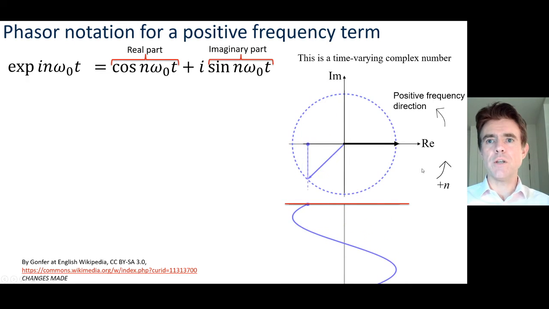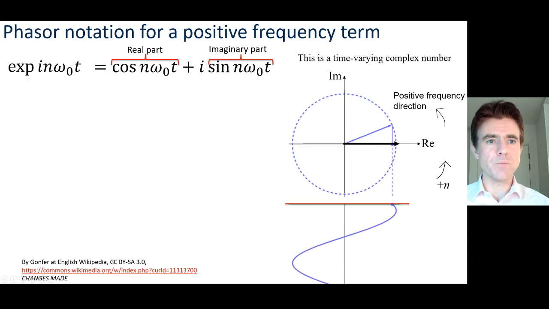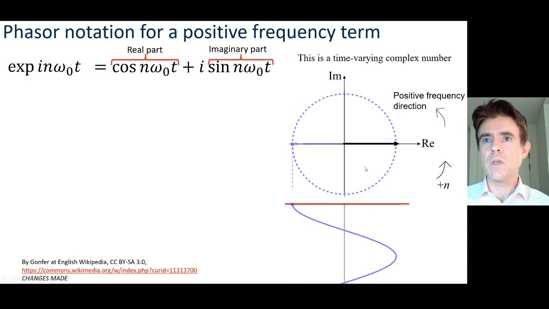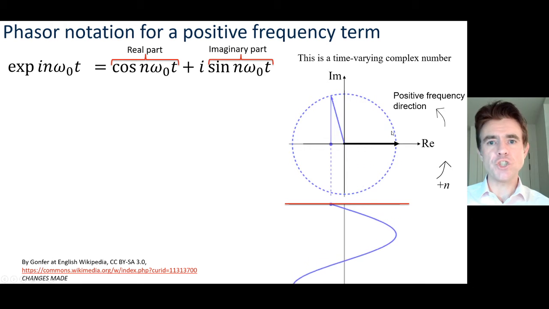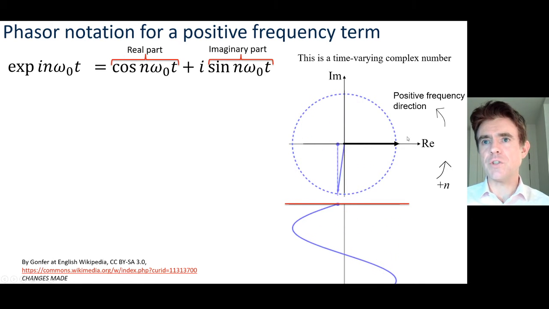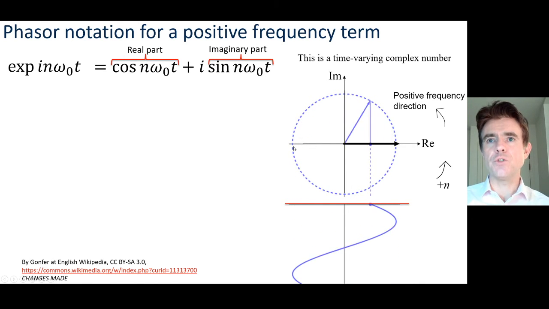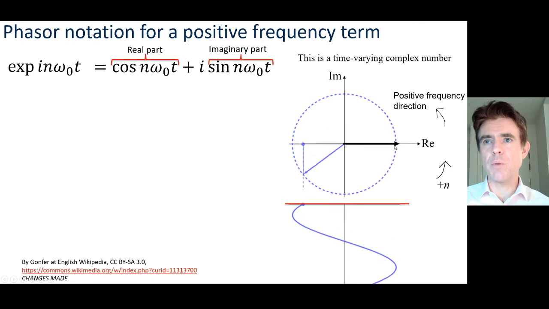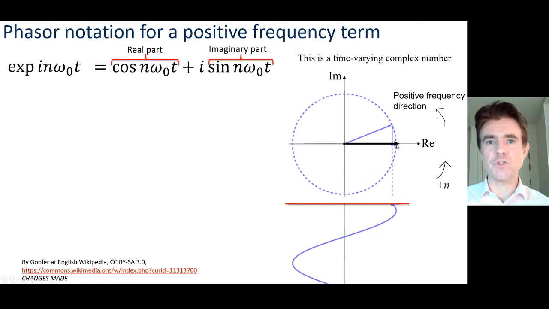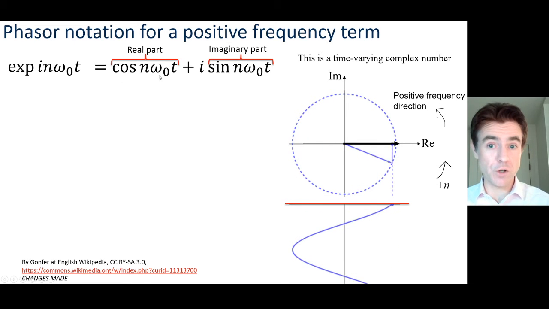So this is showing it now. I've just used something from Wikipedia here for this animation. I've just rearranged it a little bit, and you can see here now that we've got effectively that complex number changing with time tracing out this circle. So it should be no surprise, of course, that the real part, in other words, just projecting that line back to the real axis, is just tracing out a cosine function.